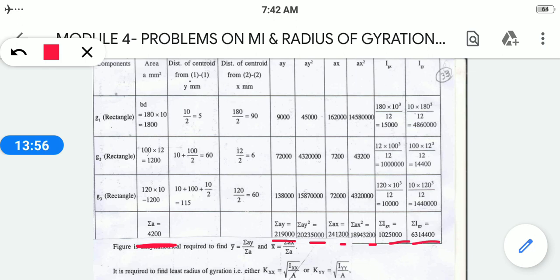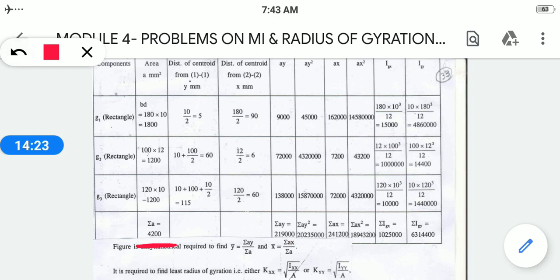We know the formula x bar is equal to summation of Ax divided by summation of A. To find your y bar is equal to summation of Ay divided by summation of A. So you can easily get all the values according to that.